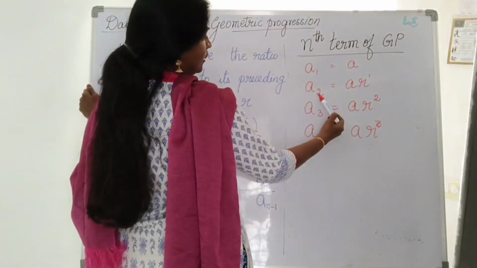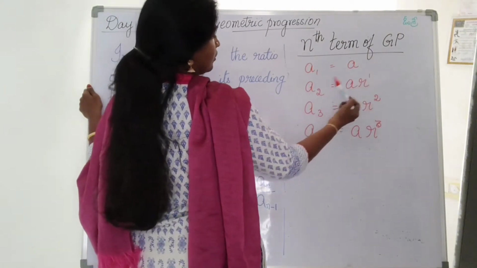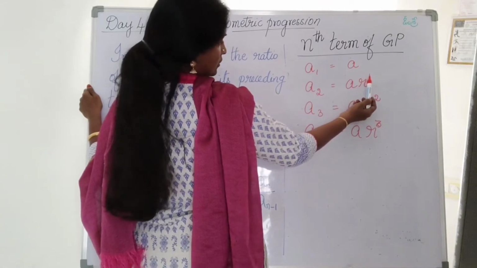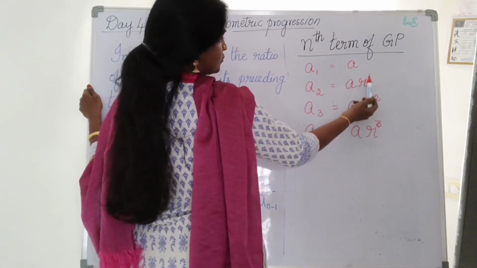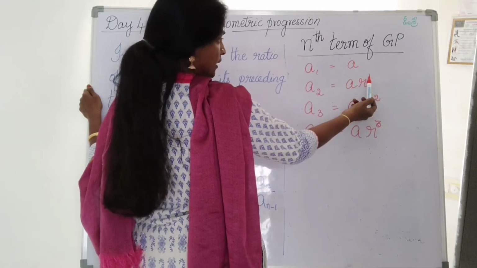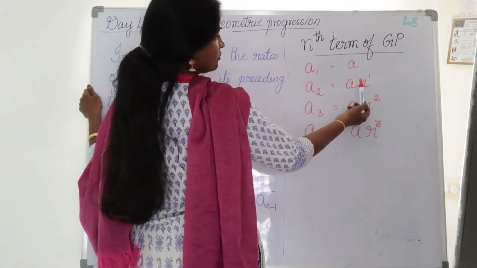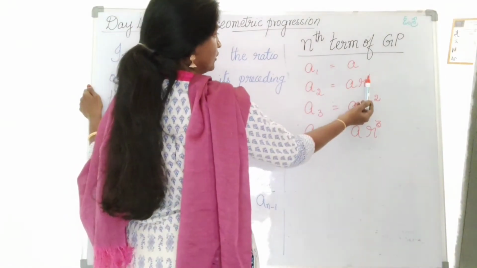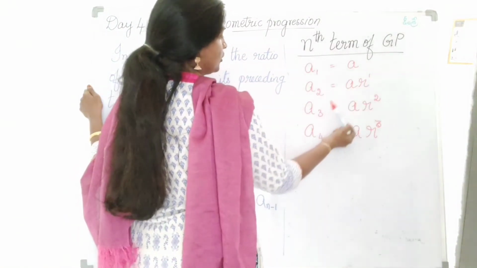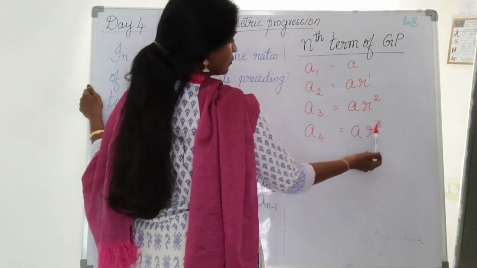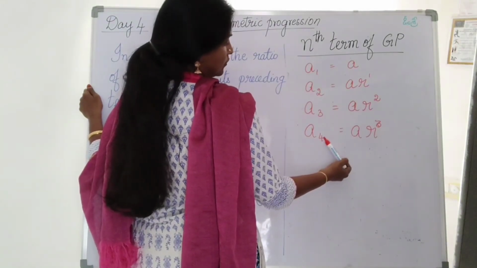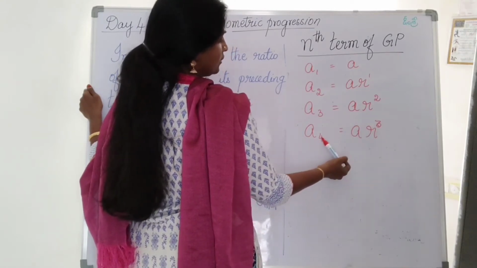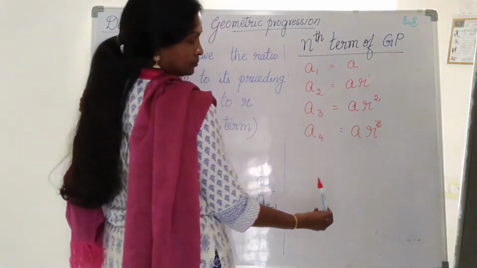So when you correlate the subscript of A with the superscript of R, or the index, exponent or power of R, you can say that the difference between these two numbers is constant, which is equal to 1. That is, the power of R is 1 less than the subscript of A.